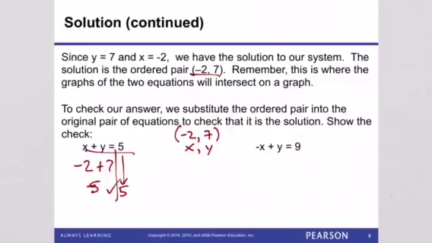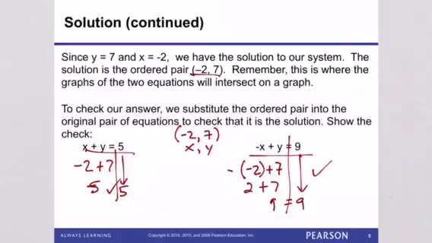It checks. Over here, this is the way we check sometimes, drawing a little table like this. So this is the opposite of x, so it's the opposite of negative 2 plus my y, which is 7. Which means 2 plus 7, which is 9, which is equal to 9. It checks. Okay, so we know our solution is correct.